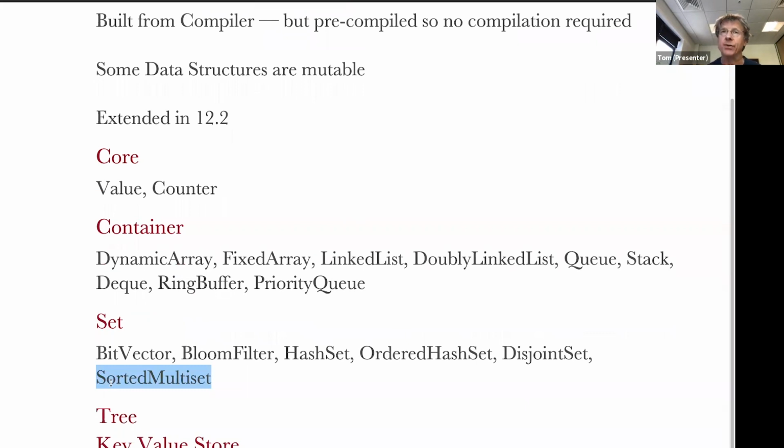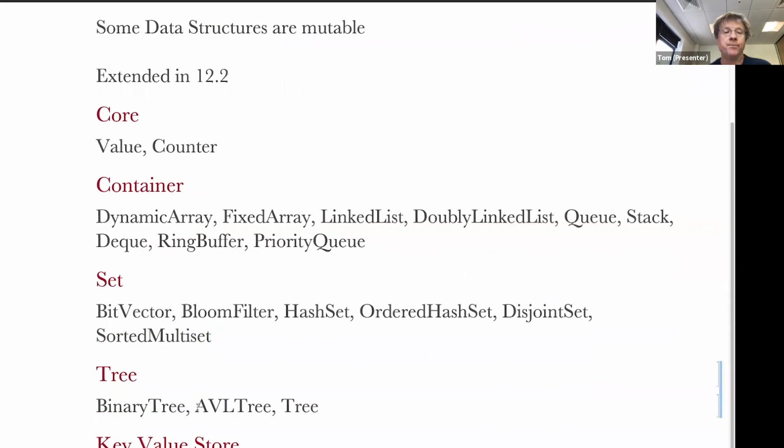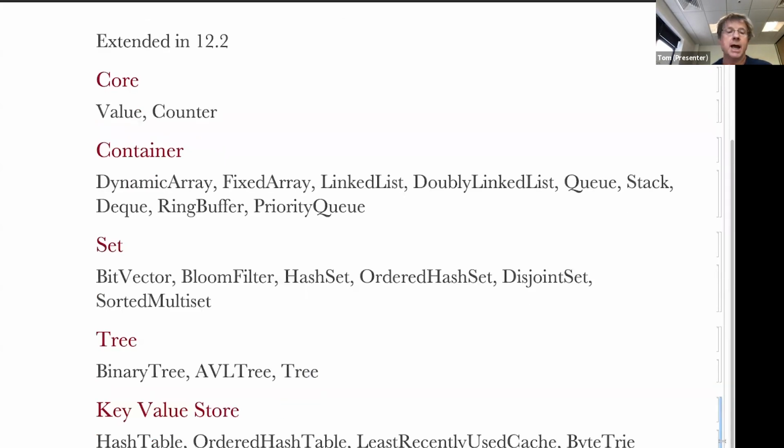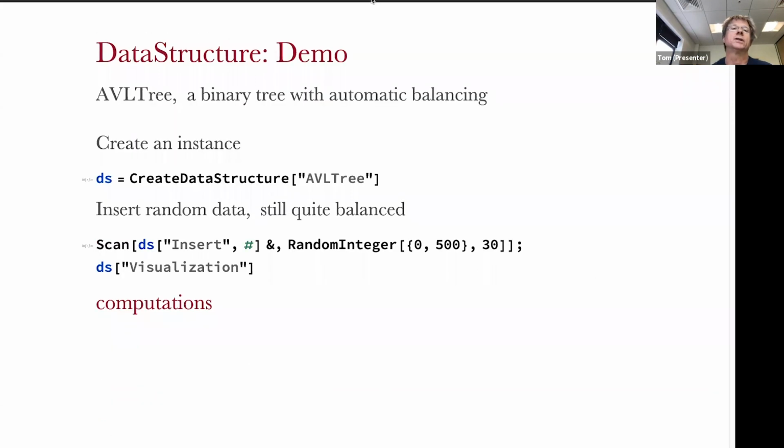We tend to add them when other parts of the company development need a data structure. We've also got a binary tree, a balanced binary tree using AVL balancing, a general tree, and then some key value store data structures.